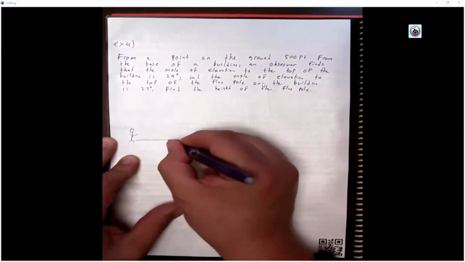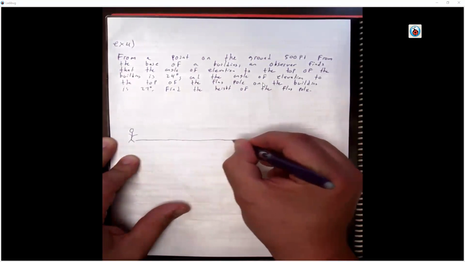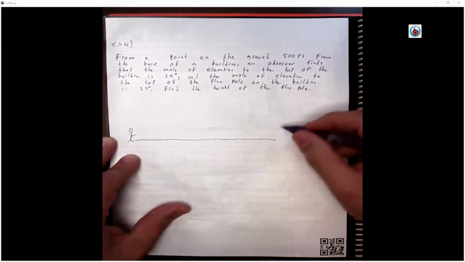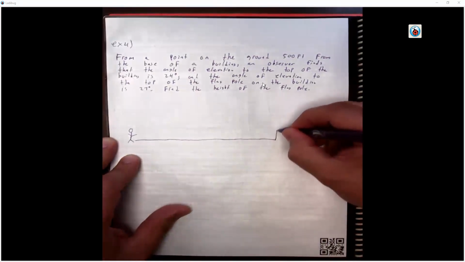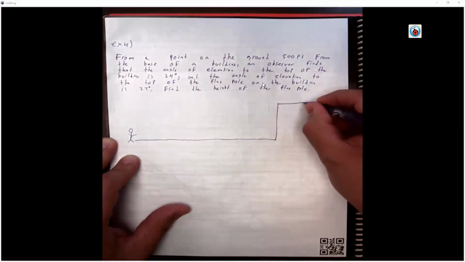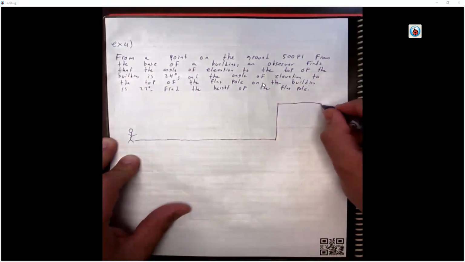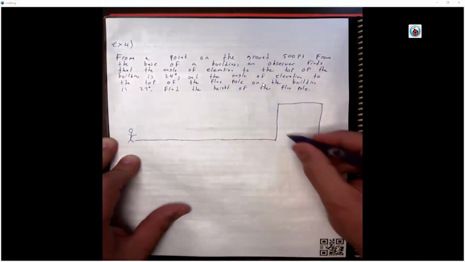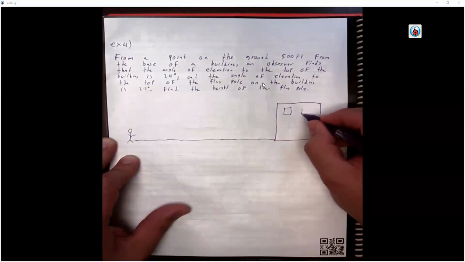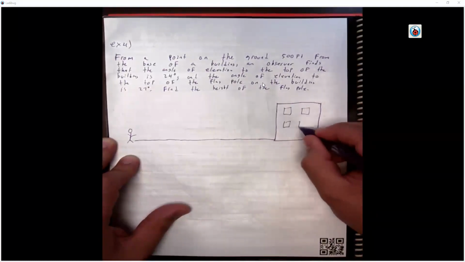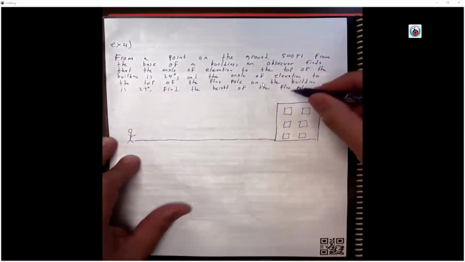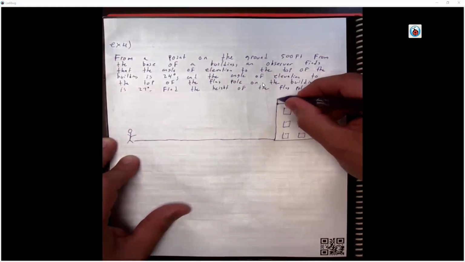Really want to know. But there's no way you're going to climb the building and measure yourself, right? That's crazy. I'm going to build some windows right here. Really nice building. Got this flag up here.